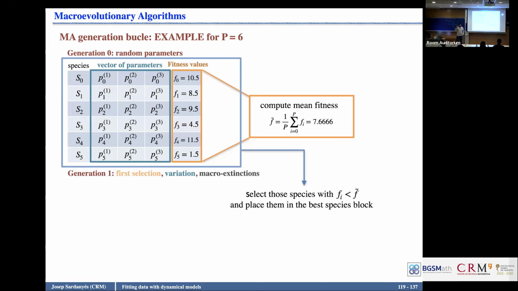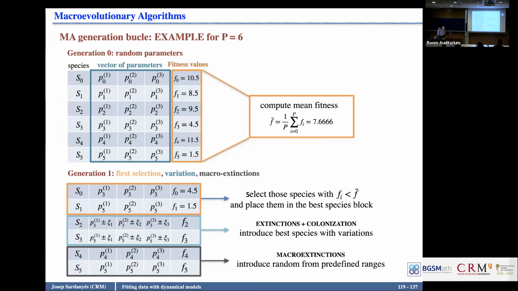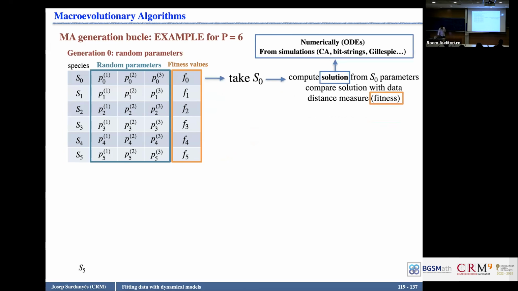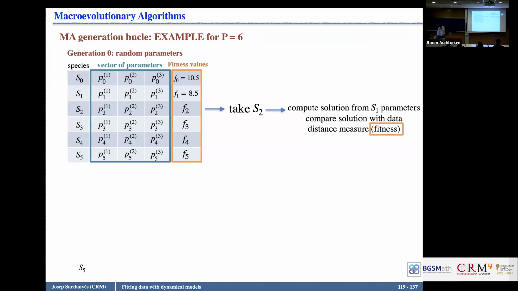The others are above, so I kill them. This is an example with a population of 6 species, only for you to know, and I do 3 logs of 2.